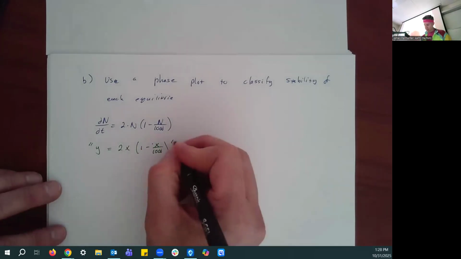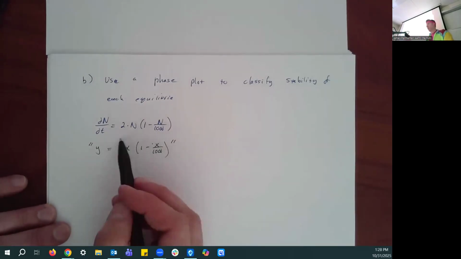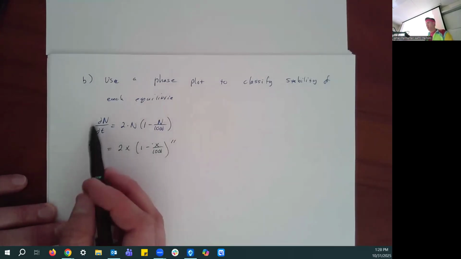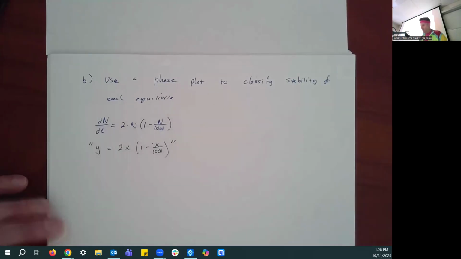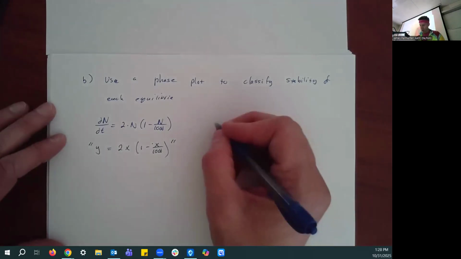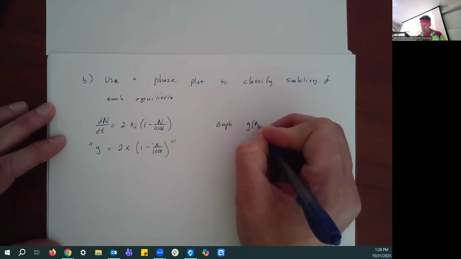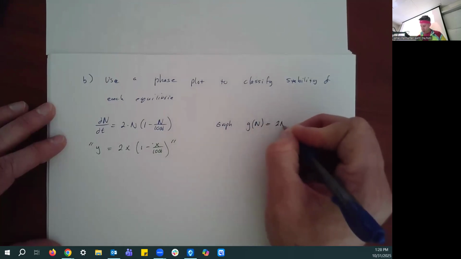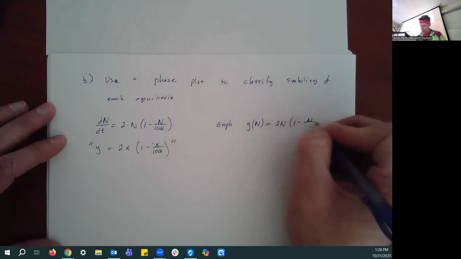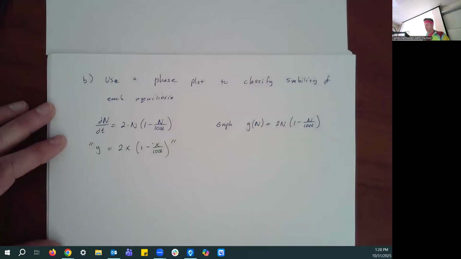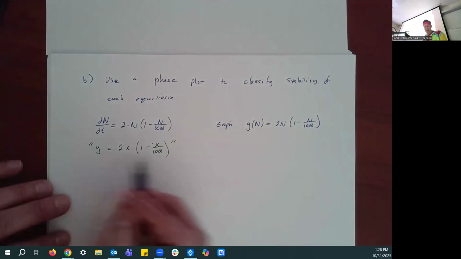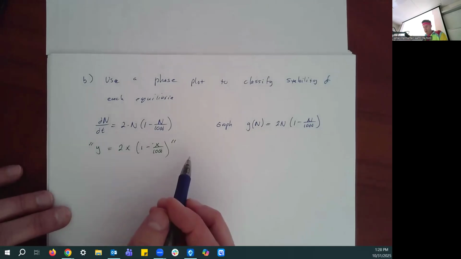Your N values go on the horizontal axis and your derivative goes on the vertical axis. When people do this, they often say we're graphing g of N equal to 2N times (1 minus N over 1,000). That's how it usually gets labeled, but it's convenient to think of it like this.